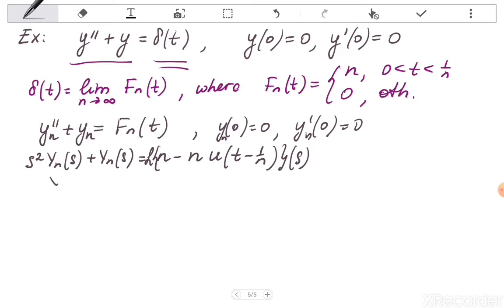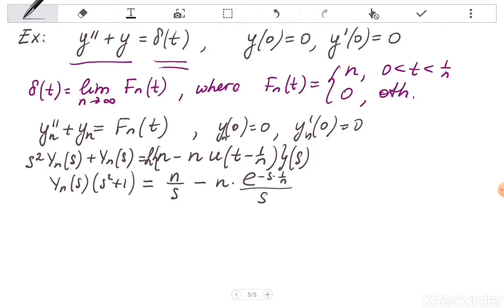So the Laplace transform of n is n over s, right? And minus, here we obtain the Laplace transform of u at the point t minus 1 over n, which is n, the coefficient, times e to the minus s times 1 over n, over s.